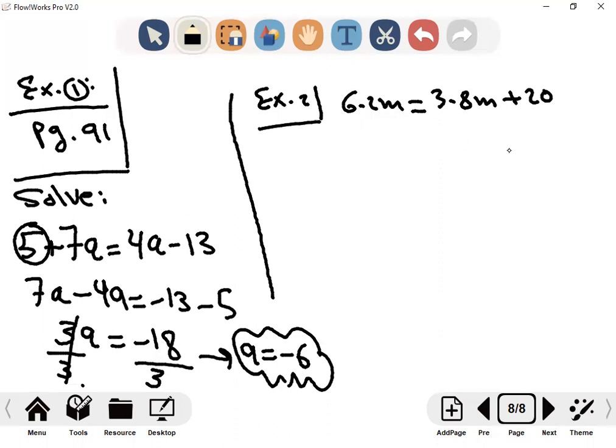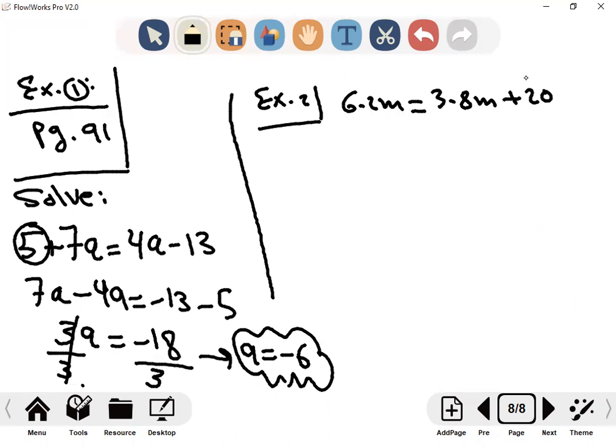Okay, let's solve it. Now we said we keep the variables on the left side. I have 6.2n. What will I bring for it? 3.8n from here, right? It will be negative. And this one stays at its location. Is there any number else? We have only 20.